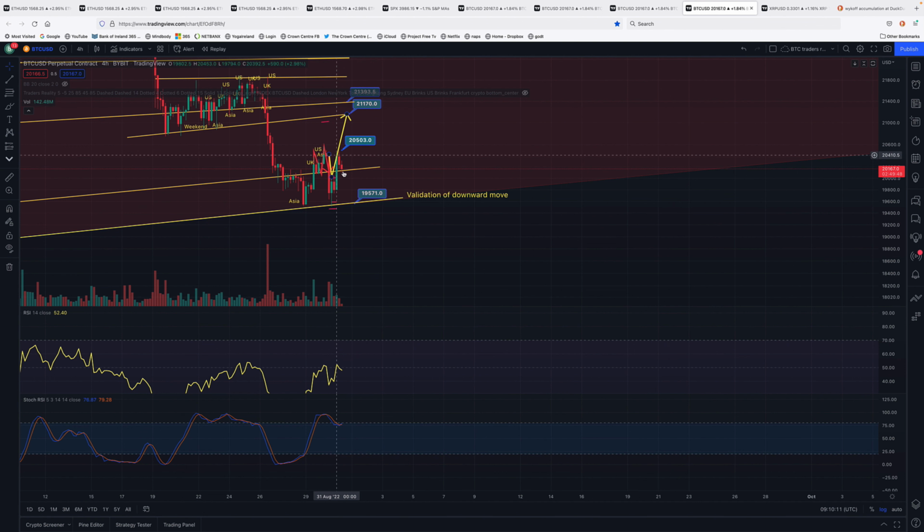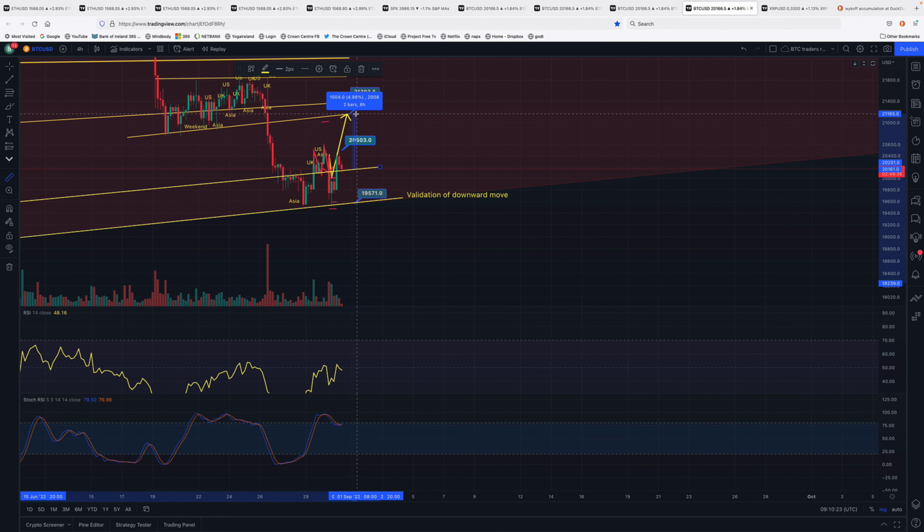But now it's crossed upwards and this level is holding. So again, this would be a good entry point in this backtest for the next level, 21,200. I have my target at 21,200, and that would be about 50% profit.